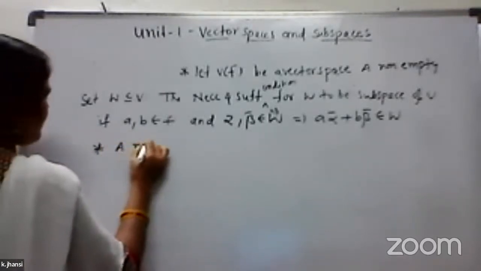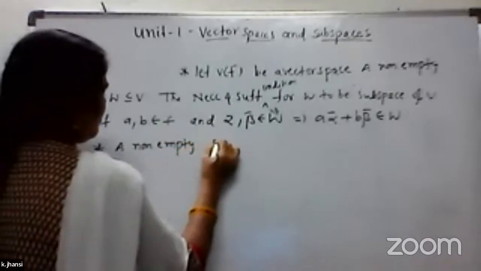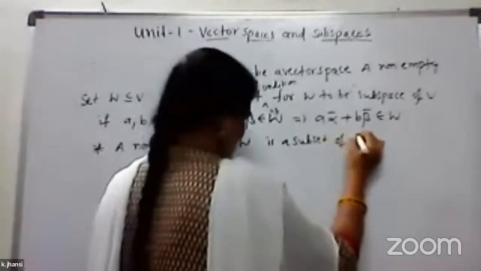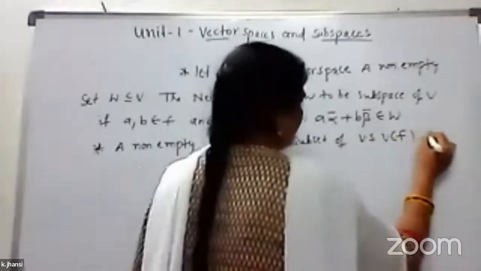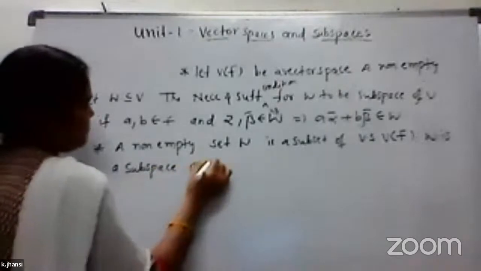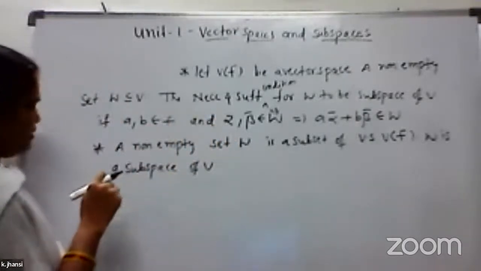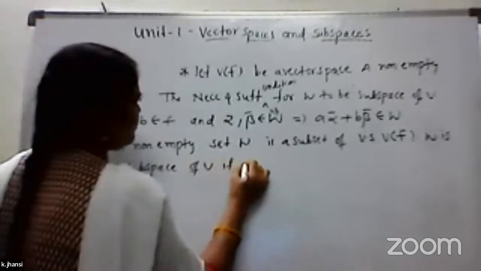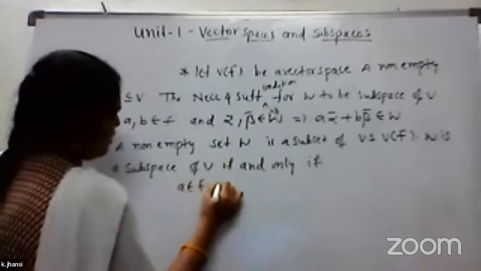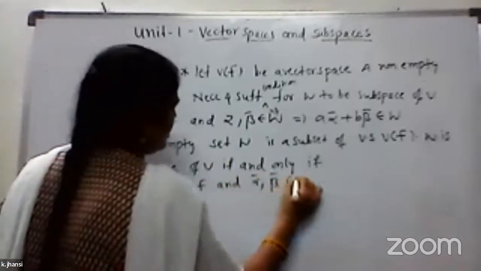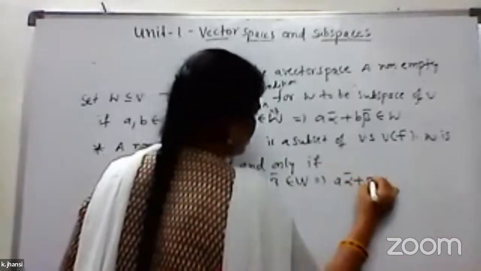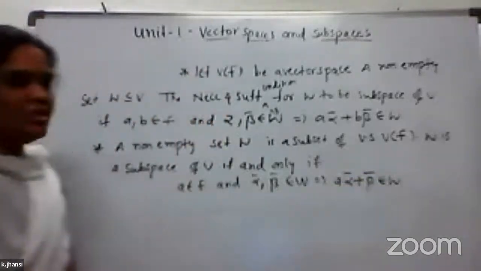a non-empty set W which is a subset of vector space V of F. Then W is a subspace of V if and only if a belongs to F and alpha bar, beta bar belongs to W implies a alpha bar plus beta bar should belong to W. So this is the third necessary condition.